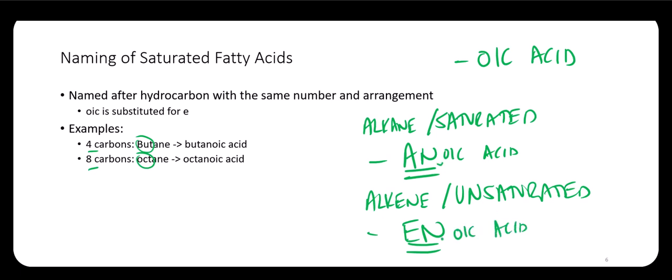And of course, no space there and same size font. When we say it verbally, it's a little difficult to pick up on: octanoic acid, octenoic acid. So it's usually written so that you see the difference: no double bond, saturated; at least one double bond, unsaturated.